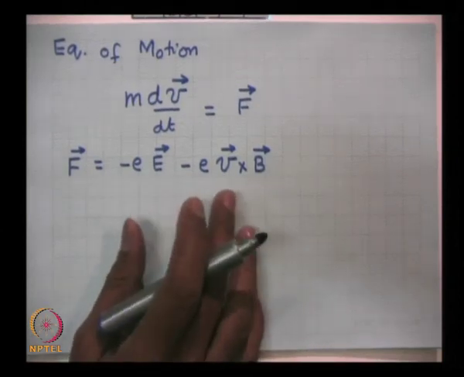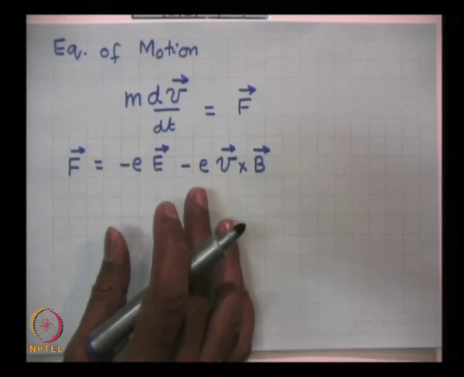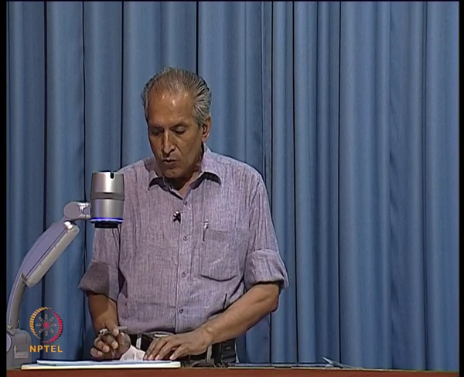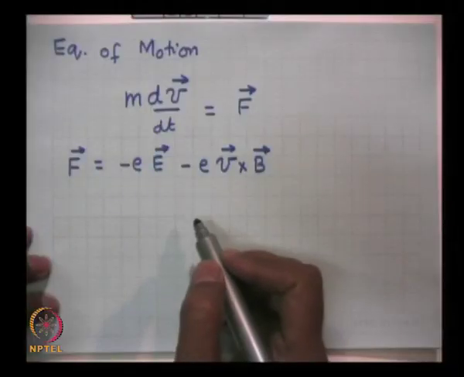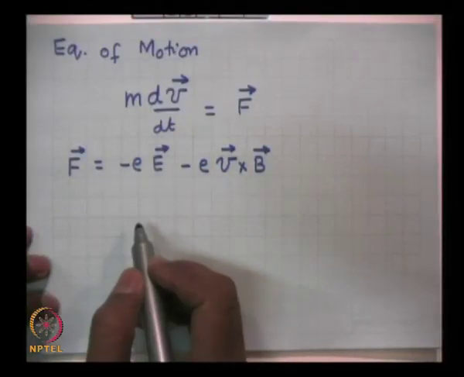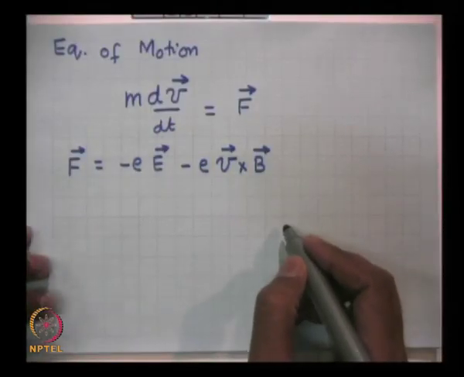Besides this, there is another force on the electron that could be due to collisional drag. Let us understand what this is. When the electrons move, they acquire a drift velocity, then on their way they encounter a heavy particle, meaning an ion or a neutral atom.